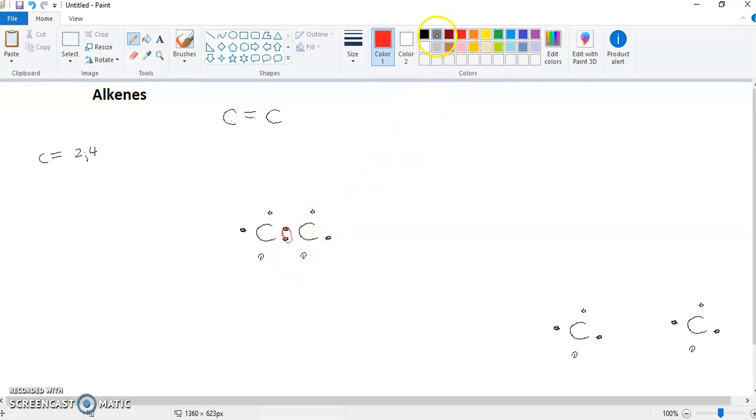We can do the same thing by taking this electron here and bringing it up here and this one up here, and they can make another pair like this. And so what we get from that is carbon 1, 2, 3, 4 electrons between them. It's those 2 there plus this one and this one, leaving 2 electrons on either side like this.